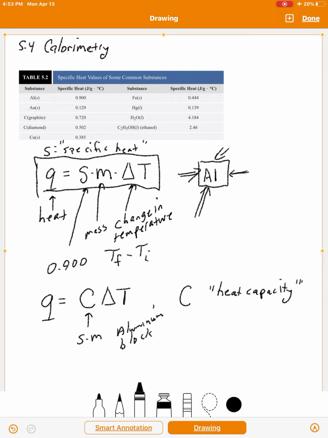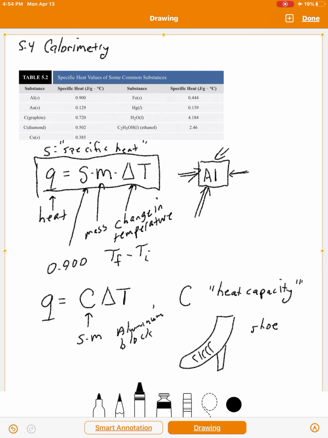Now, the heat capacity is useful when we have more complicated situations. So for example, suppose instead of having a piece of aluminum that I could weigh, suppose I had a shoe. Now, for the most part, a shoe is not one type of substance.